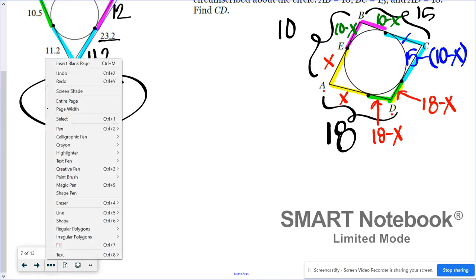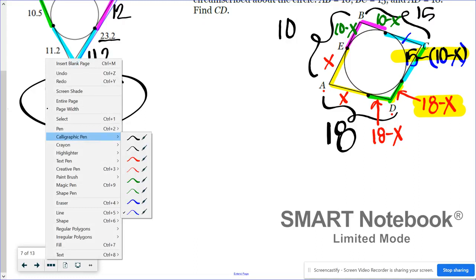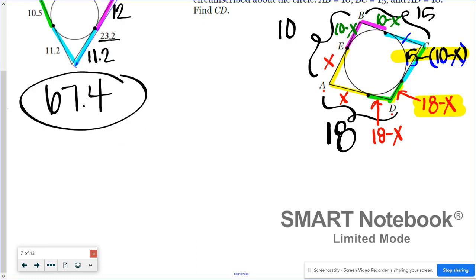So now if you look, side CD has a segment that's 15 minus the quantity 10 minus x, and another segment that's 18 minus x. I know that's kind of weird looking, but it is what it is.